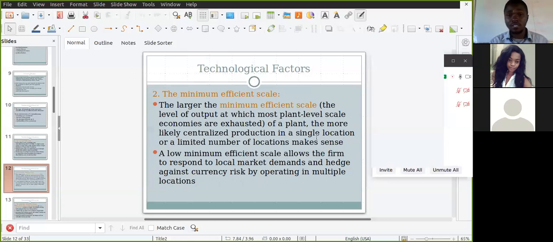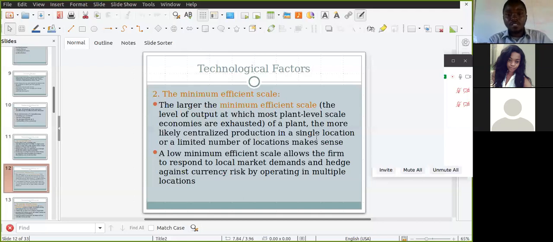That is efficiency. So if your efficient scale is showing a larger amount, that is not a good signal. And if I tell you to establish yourself in multiple places with a larger efficient scale, that will do you no good, because the higher cost of one firm will be multiplied by the higher cost of another firm in another location. So having a higher figure on the minimum efficient scale is not a good signal for you to set up yourself in multiple locations.